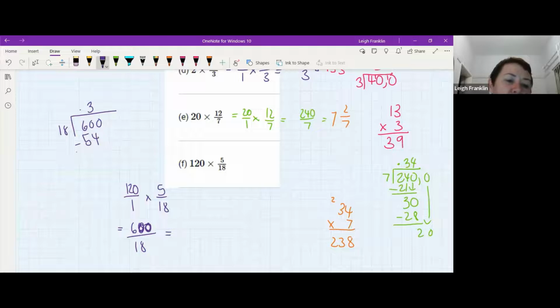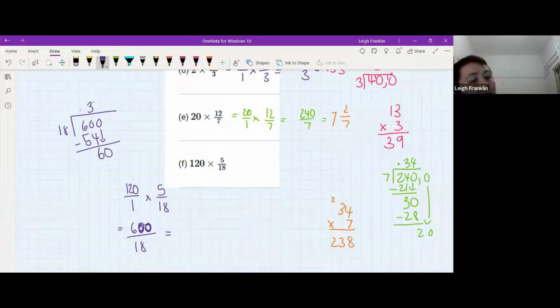That would leave us with 54. That would be a remainder of 6. And then we'd have the same problem where 18 needed to go into 60 again. So how many times would that be? Okay, so now we've said that 18 goes into 60 3 times. 3 times 18 is 54. The difference is 6. We brought down a 0.